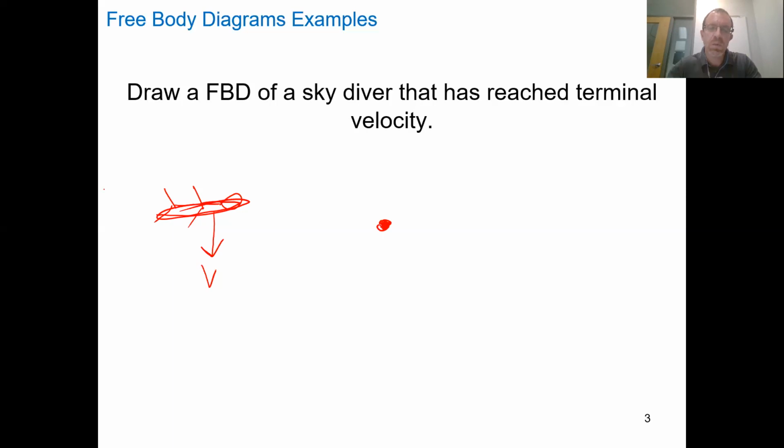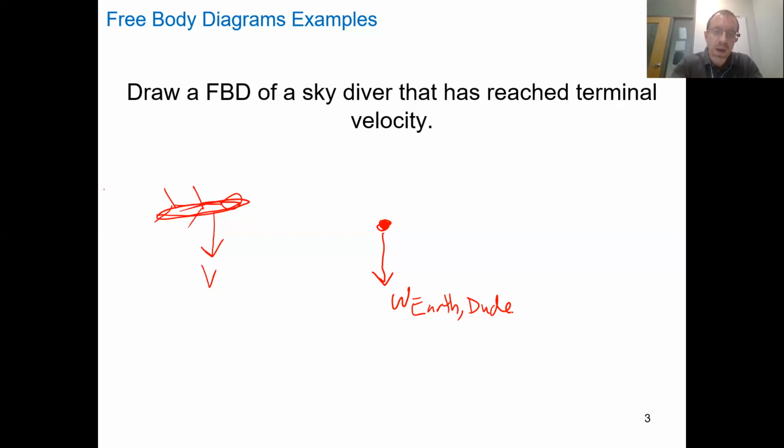All right, so let's draw our free body diagram. We've got our dot. We've got a downwards force again that's caused by gravity. That's our weight force, Earth on dude. And then we've got an upwards force due to air resistance, which we can call air resistance or drag. Then we need to think about the size of that drag vector in comparison to the size of our weight vector.